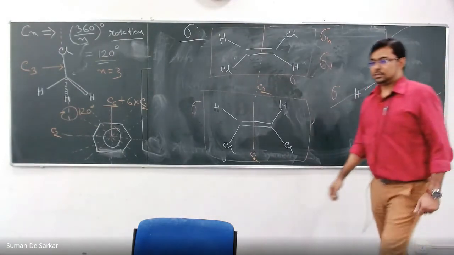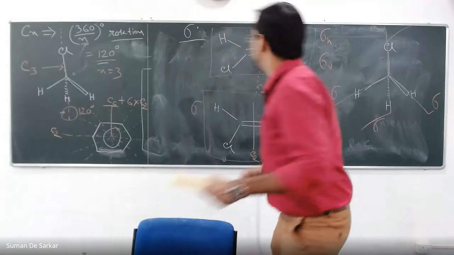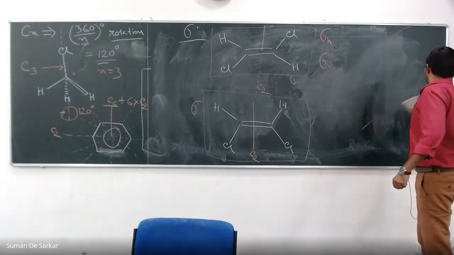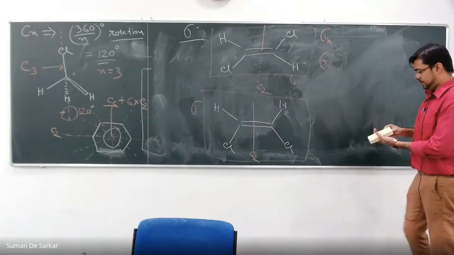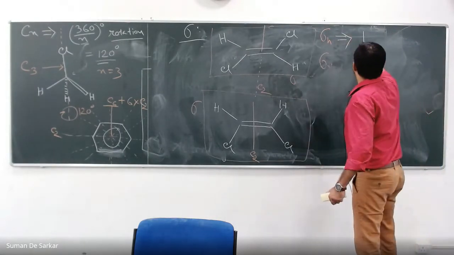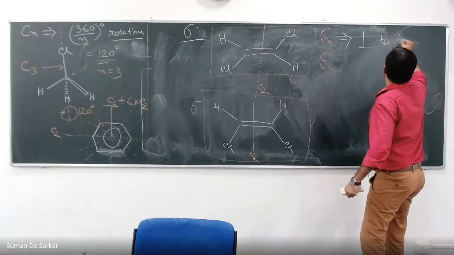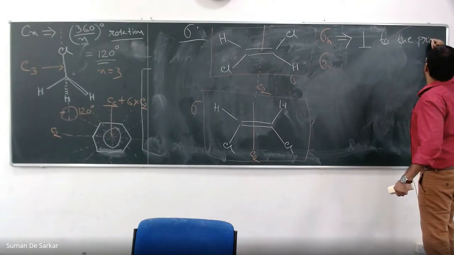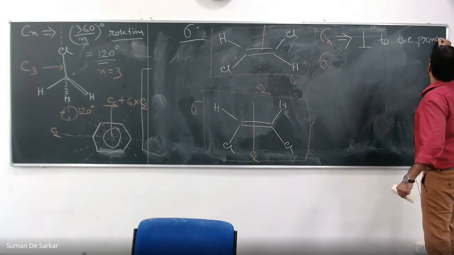So what are these two? Sigma h is nothing but the plane which is perpendicular to the principal axis.